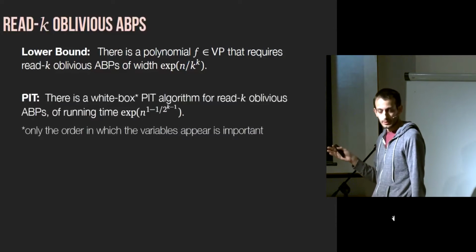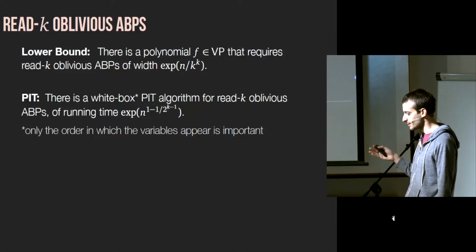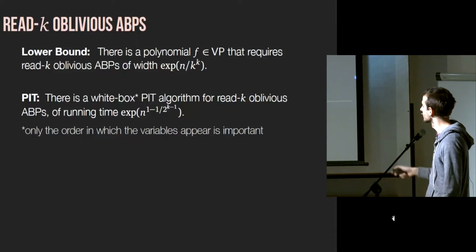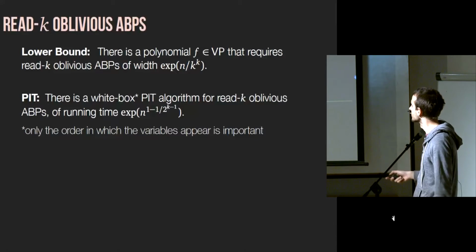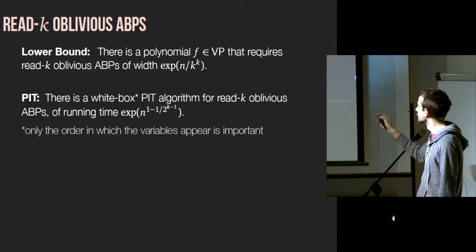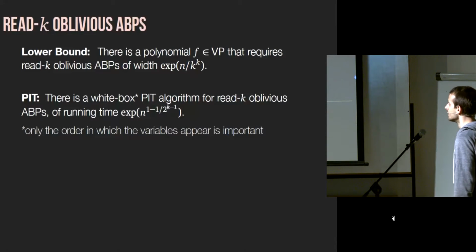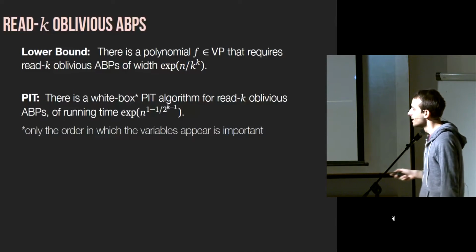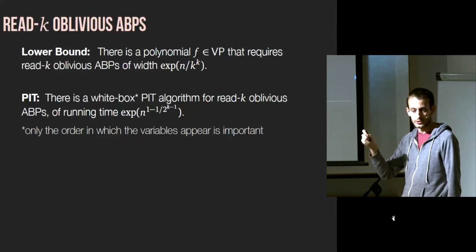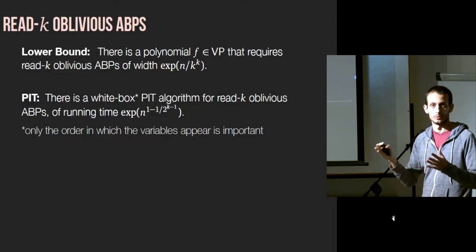And in a PIT algorithm, we can give something which is non-trivial. It is subexponential, again barely subexponential: the running time is exponential in n to the something which is smaller than 1. I've called it white box, but what you need to know is the order in which the variables are read.